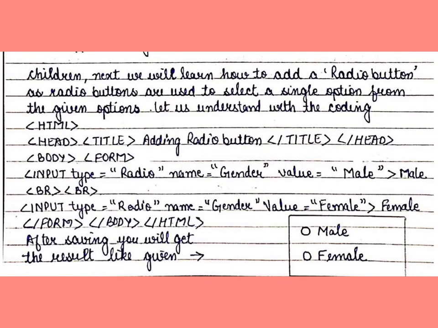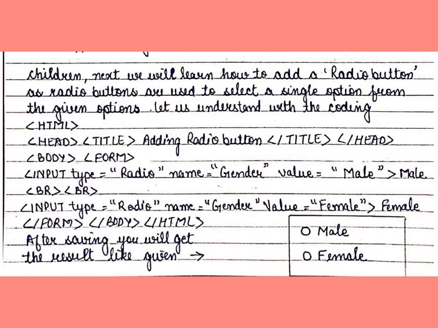Then use input type is equal to radio, name is equal to gender, value is equal to female. Close all the tags and after saving you will get the result like 2 radio buttons will be appearing on your screen, one with male option, other with the female option.